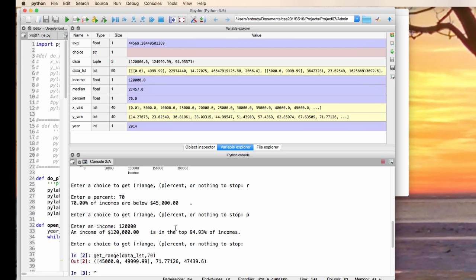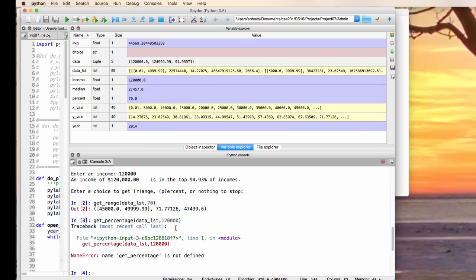Similarly, when I said get range, looked at percentage, and this is how you can test your data, and I gave it 120,000. That's because I have a typo there.